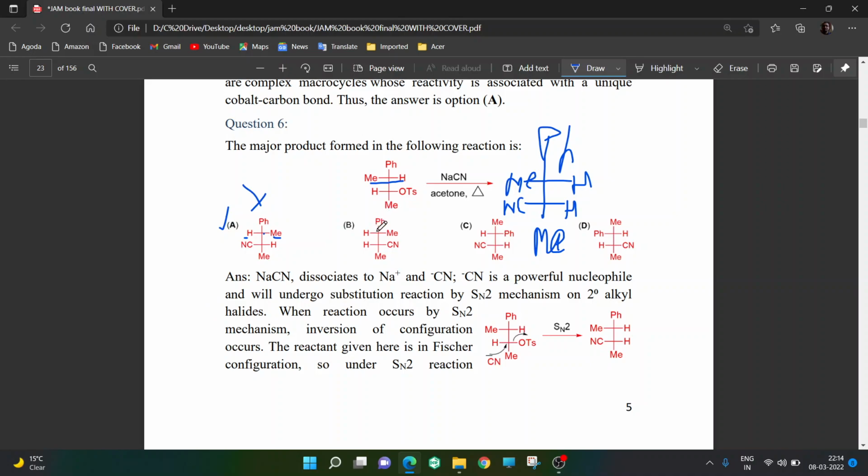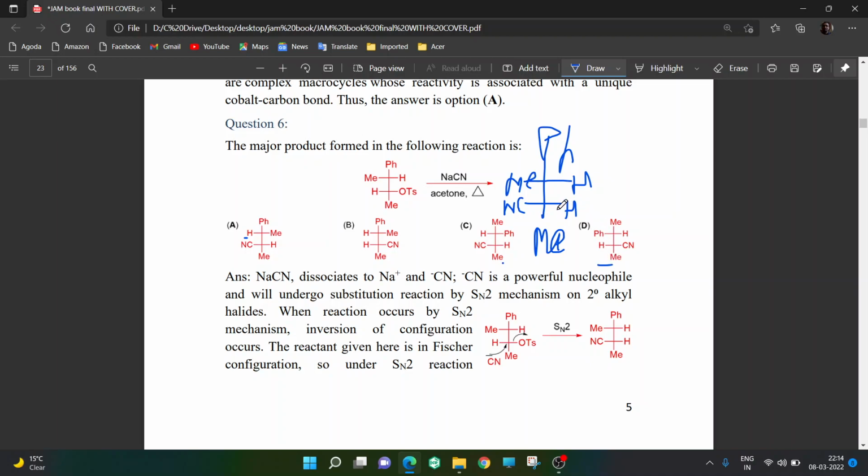Similarly in B also, you see on the top again there is a change of configuration. On the top there should be no change of configuration, so you can forget B. We need not even look at the bottom. Now what we need to look at is C and D. In the bottom, Me is there, so Me is here also, okay.